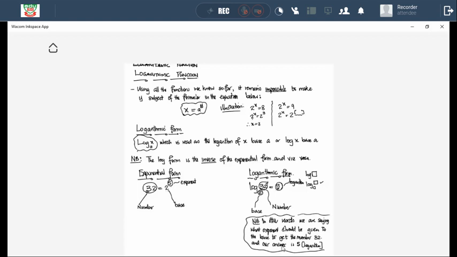So if I quickly give you some examples so that you can process this, look at this illustration. If I'm given an incomplete statement like the first one, what is log 8 base 2? Think of the exponent that you should give the base. My base in this case is 2. What exponent should I give to the base in order for me to get my number as 8? That exponent is 3. So 3 is the logarithm.